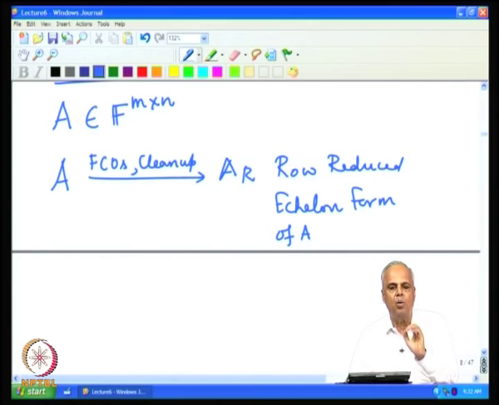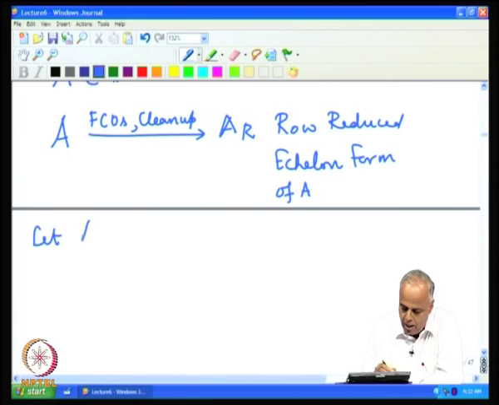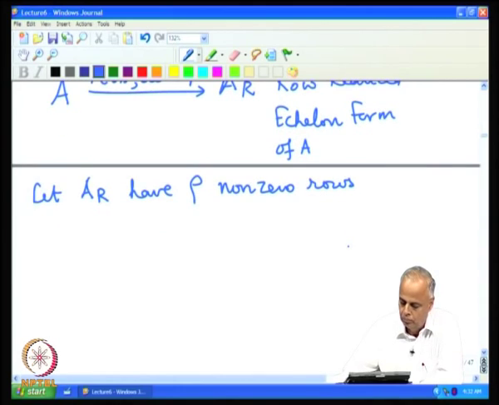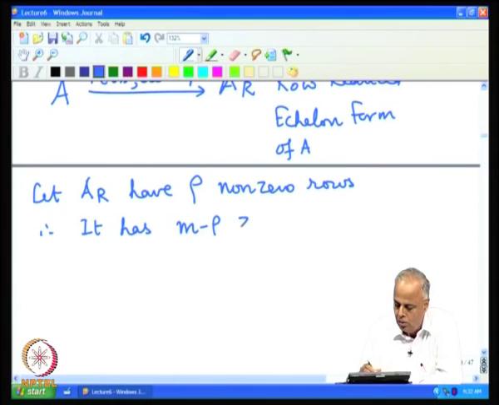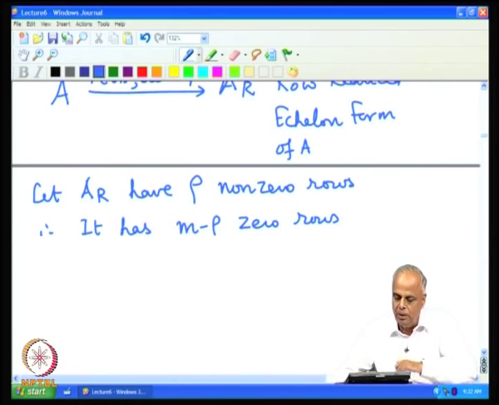Let us say there are rho non-zero rows. So, let A_R have rho non-zero rows. Therefore, it has m minus rho 0 rows, because the total number of rows is m, and rho of them are non-zero. So, the remaining must be 0.